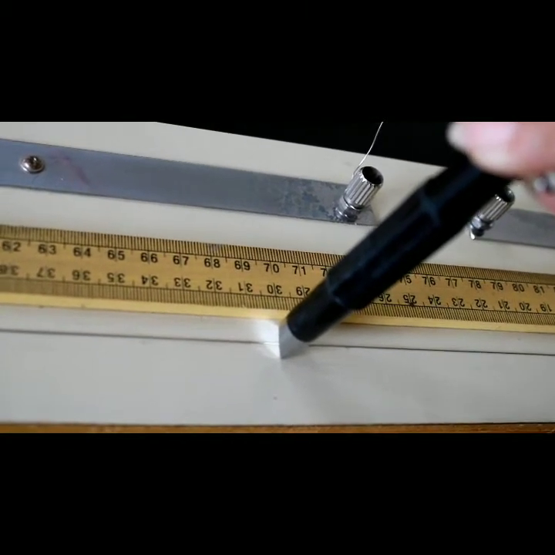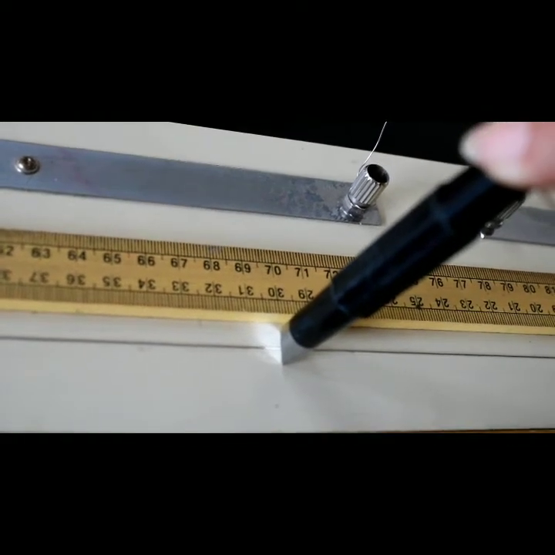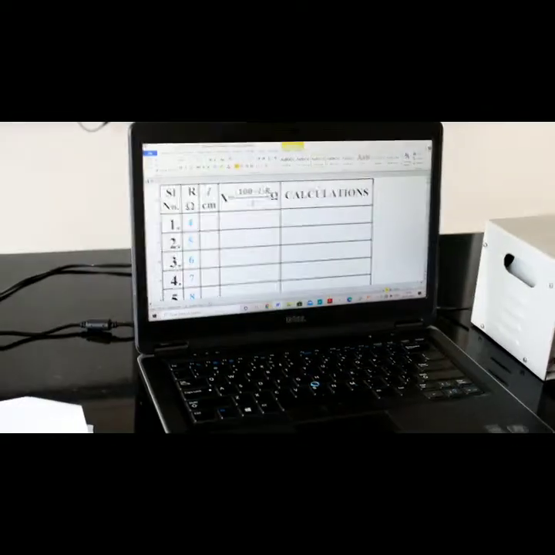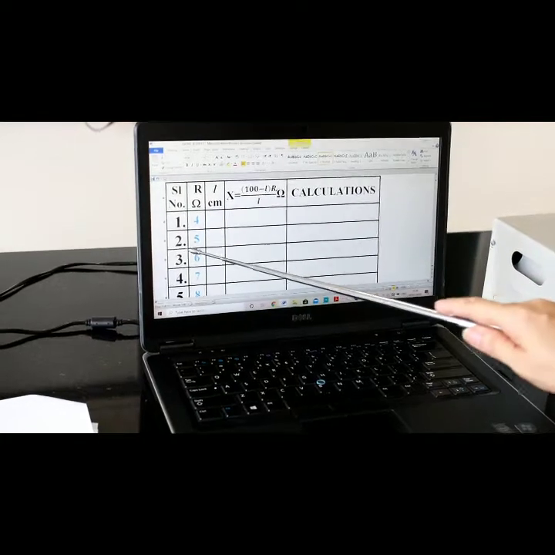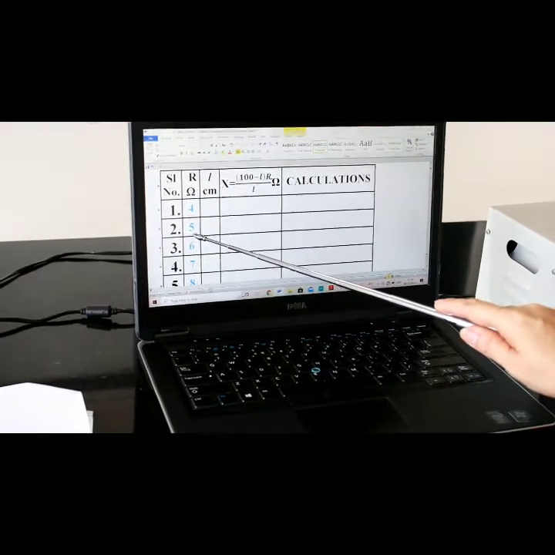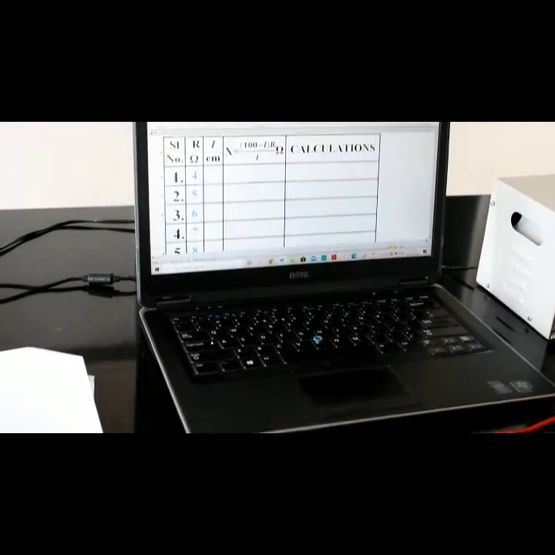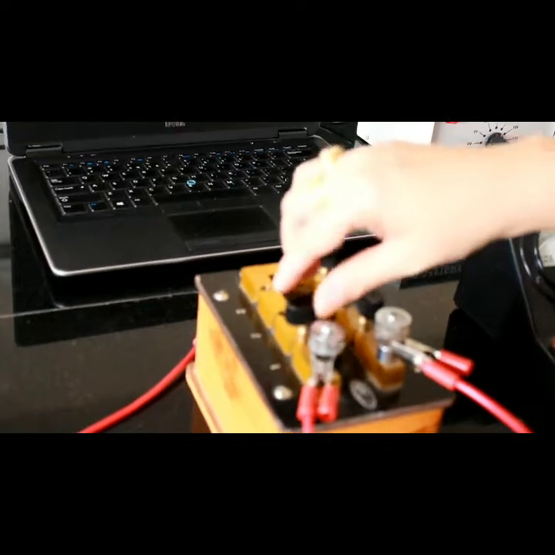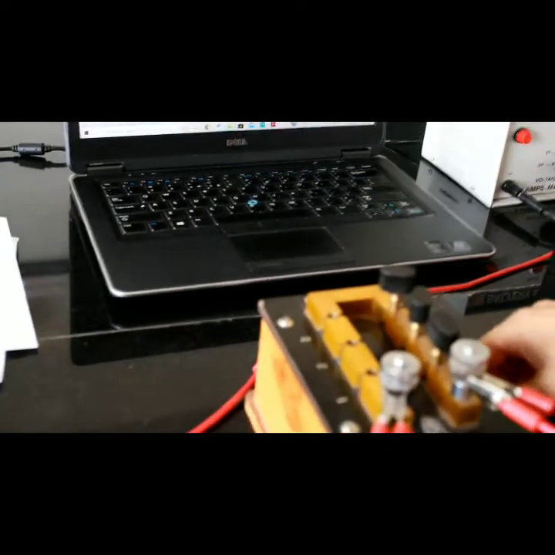You will have to find X. We will move on to trial 2. We will unplug 5 ohms from the resistor R. For the last trial we had unplugged 4, so now one more, so 2, 4, 5.